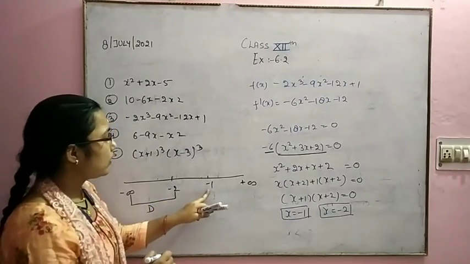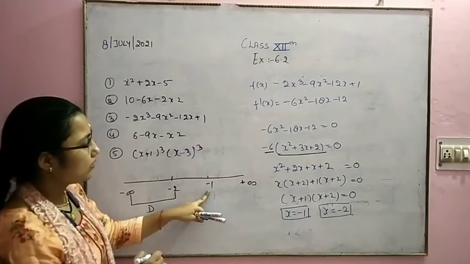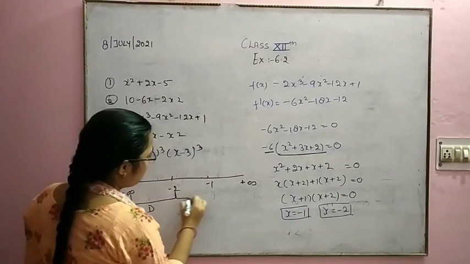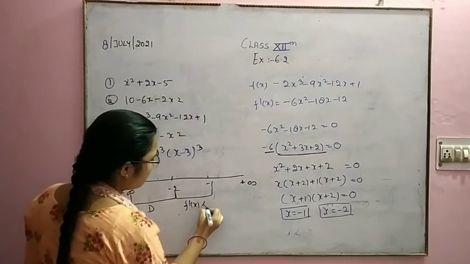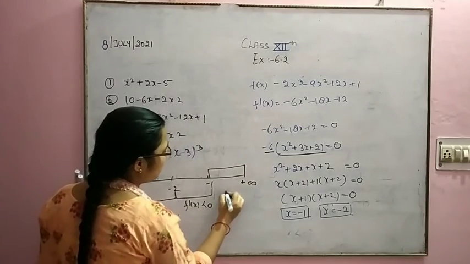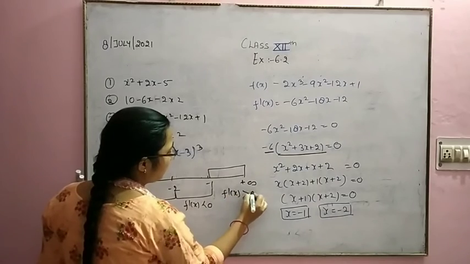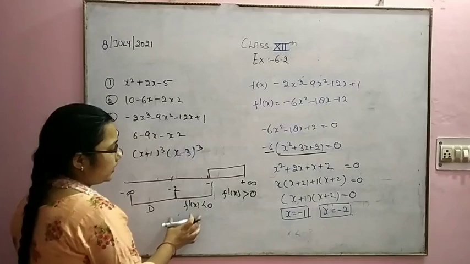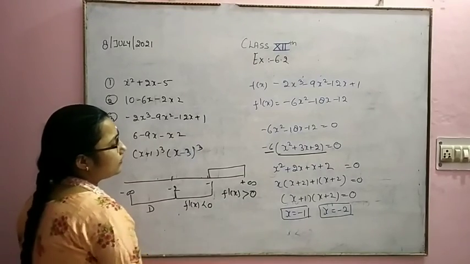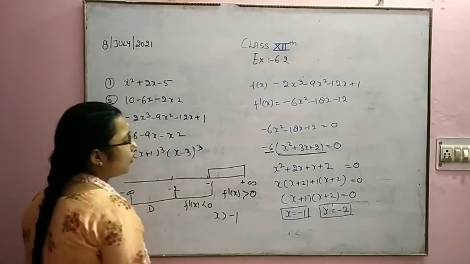Between minus 2 and minus 1, again f dash is greater than 0... and for this we get f dash is greater than 0. So that means two intervals are for decreasing function, and this one, x greater than minus 1, that is minus 1 to infinity, is the interval for increasing.